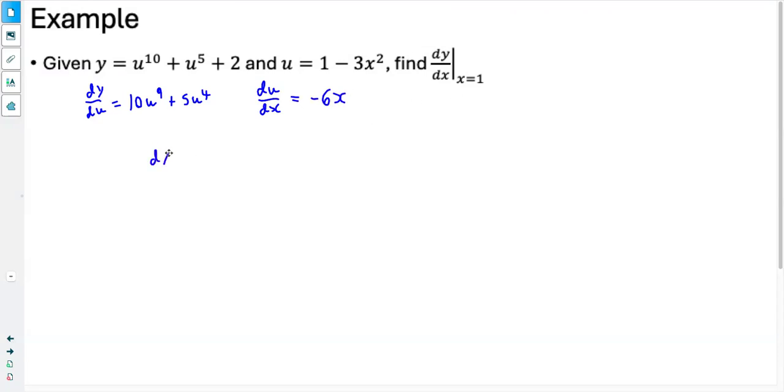Now, dy over dx, we know is dy over du times du over dx. So that's going to give us 10u to the power of 9 plus 5u to the power of 4 times negative 6x.